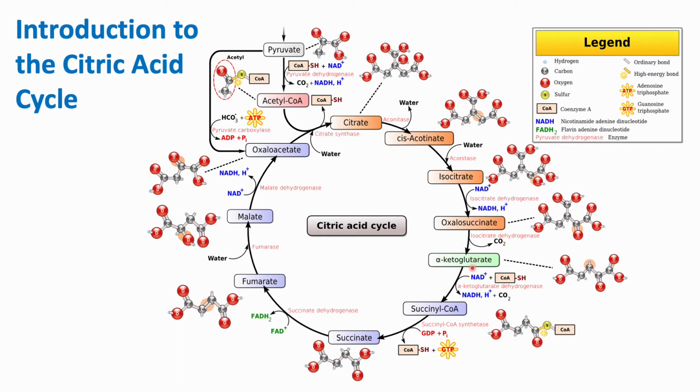So alpha-ketoglutarate will undergo another reaction in which it's going to produce NADH, so it's going to reduce another NAD+, and it's going to be another dehydrogenase enzyme, but in this case, it's going to be alpha-ketoglutarate dehydrogenase. So once again, we're using a dehydrogenase enzyme, so we're reducing NAD+, and we're also producing carbon dioxide, so we're losing another carbon.